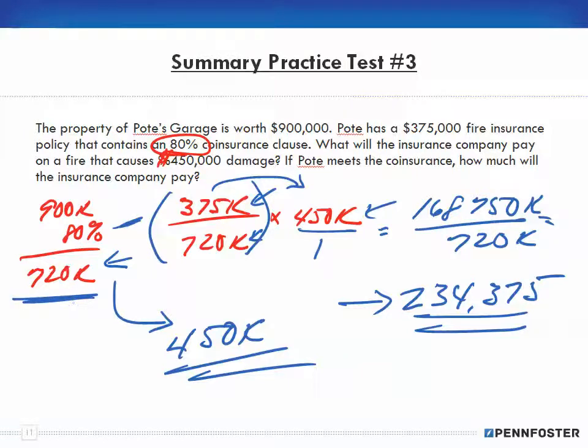But that's not the case for this particular problem. Pote is only taking out 375, and that's why the insurance company will only pay $234,375 out of the full amount of the damage of 450,000.